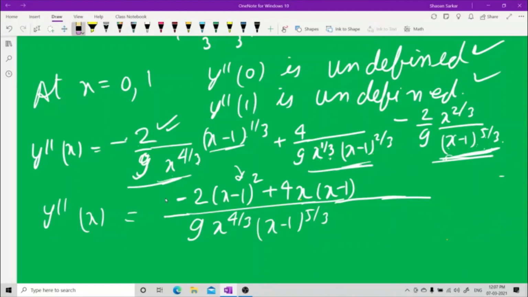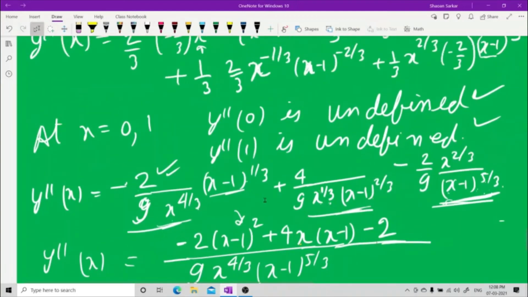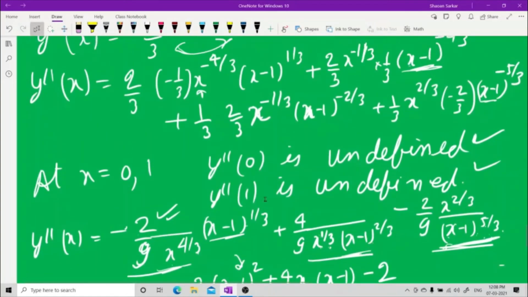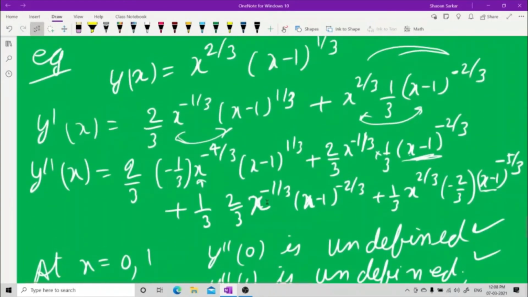So now with this working, now minus 2, see this is 2 by 3 and this is 4 by 3. So what you need in this is, let us see, not 5 by 3, just a minute, let me check. If you take the LCM, x 2 by 3, if you're differentiating this, 2 by 3, this and this.